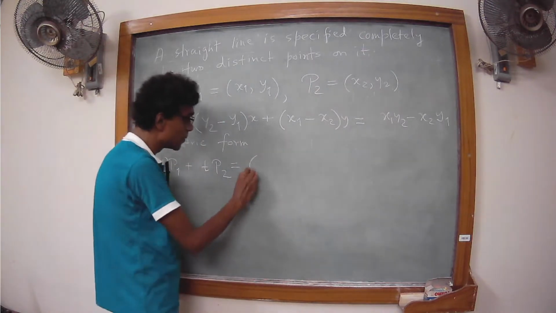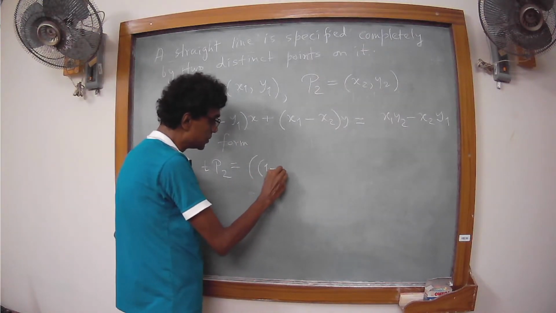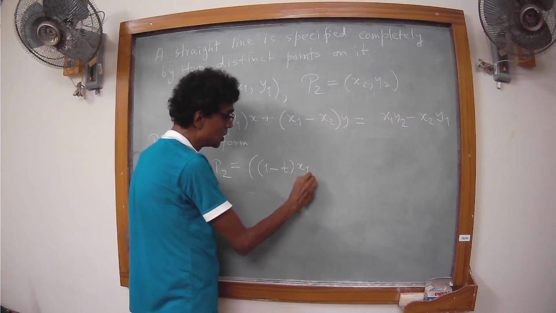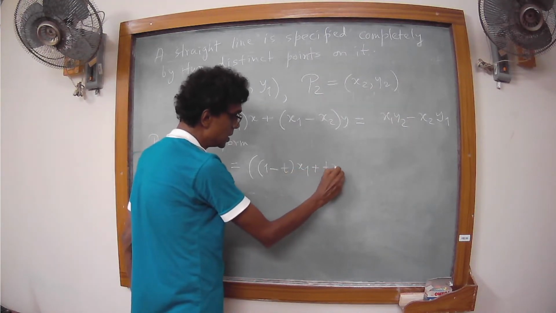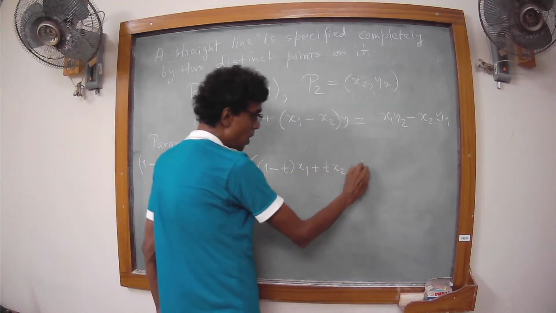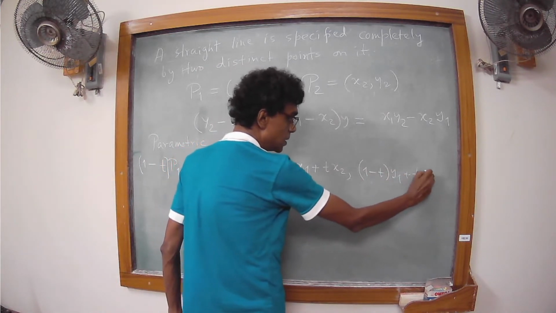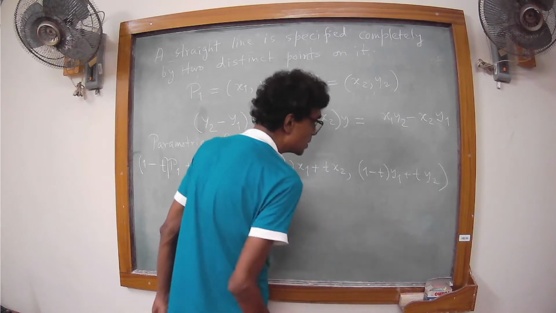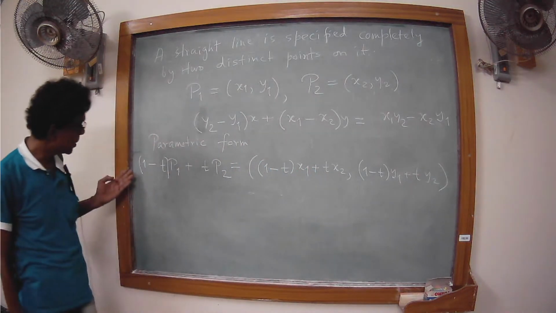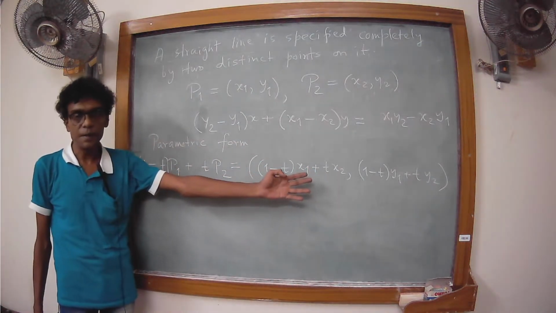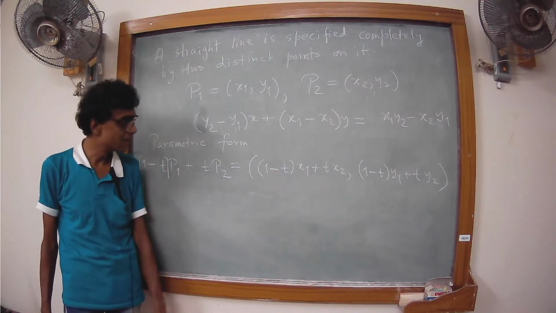So this means (1 minus t) x1 plus t x2, (1 minus t) y1 plus t y2. So any point on this line can be represented by this parameter t. Okay.